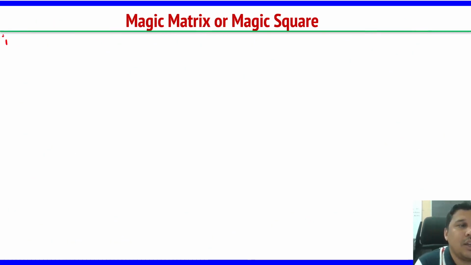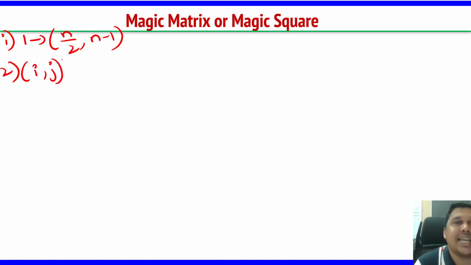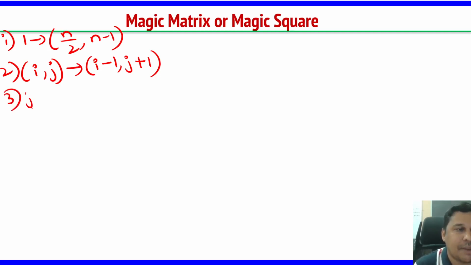So the first rule is the number 1 should be placed at n by 2 comma n minus 1. Second rule and the most important rule: if I comma j is a previous element, then the next element should be at I minus 1 comma j plus 1. Third rule, if I value becomes minus 1, then I have to update I to n minus 1.